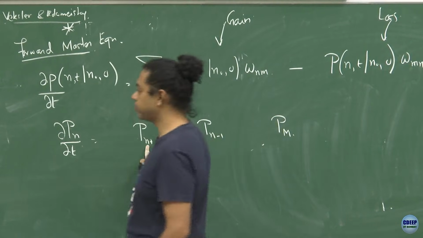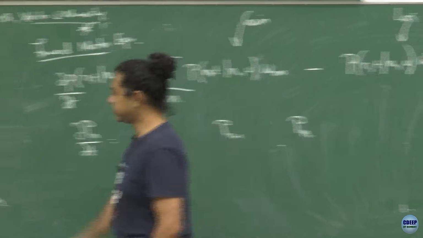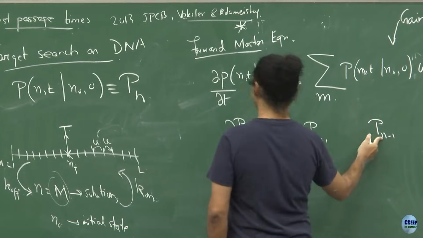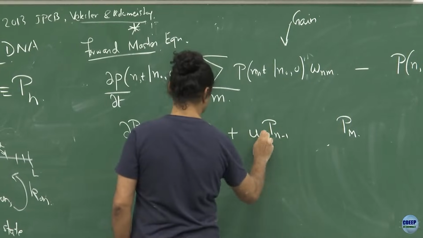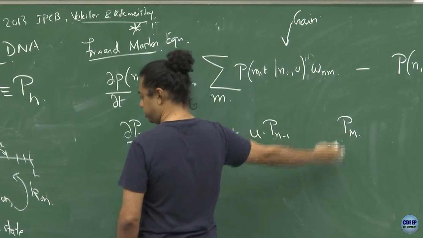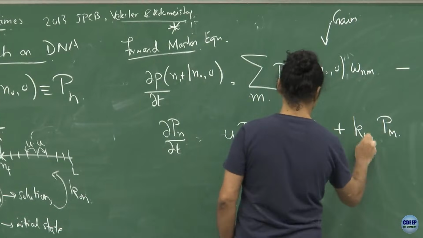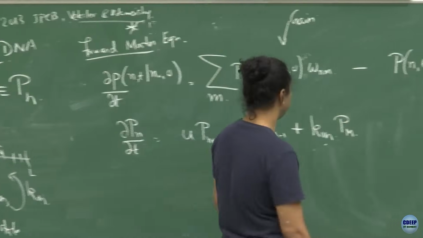If you were at n plus 1, then the transition rate is nothing but this hopping rate u. If you were at n minus 1, again it is a symmetric hopping process, plus u. If you were in solution, you can rebind with this rate k on.